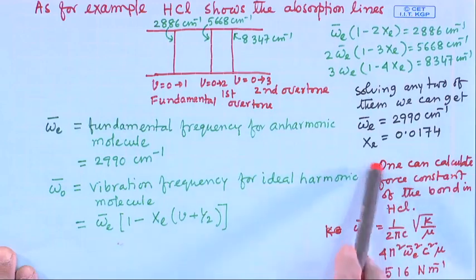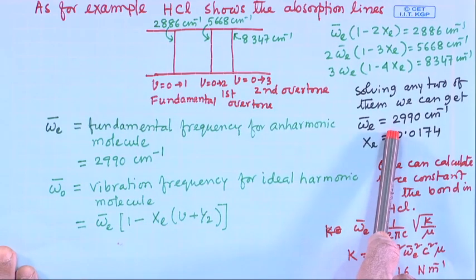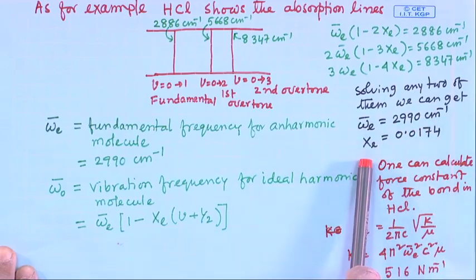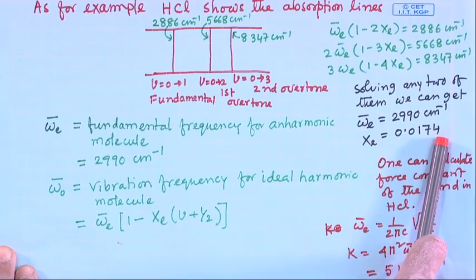If you solve it, you will see omega E bar equals 2990 centimeter inverse, and x e, the anharmonicity constant, equals 0.0174.